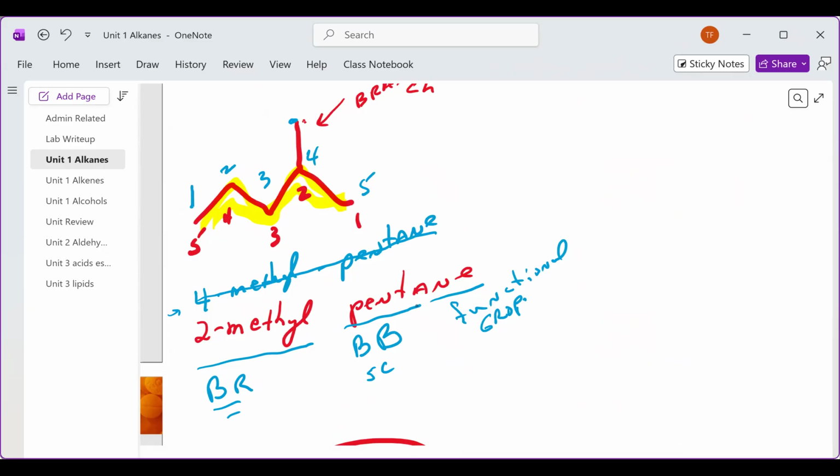But it's optional. I always put it in just because I think it makes it more complete. On this one here, you definitely need a dash on the two. They always dash that. Between the 2-methyl and the pentane, though, I've seen it with and without the dash. I like to put it in just so it's all complete. Was that enough of an explanation? Yes, sir, thank you.